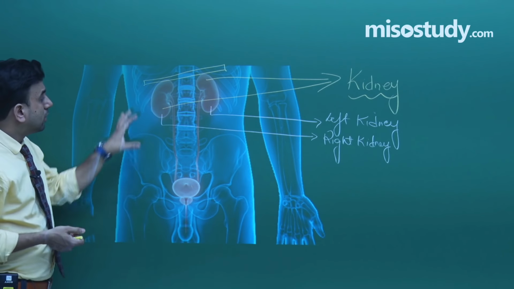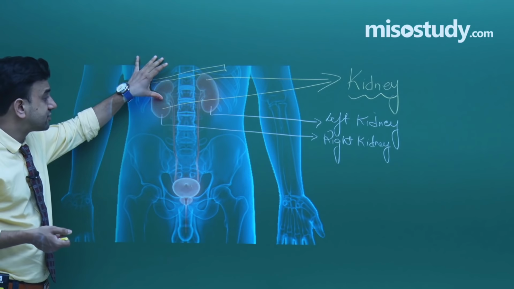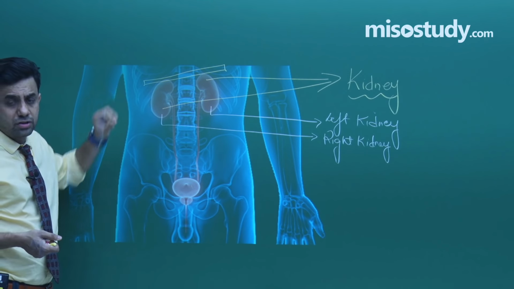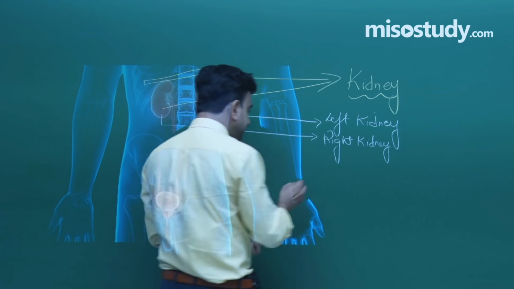And why is it so? Because of the presence of lungs on the right side, large lungs on the right side. So I'll write this here.